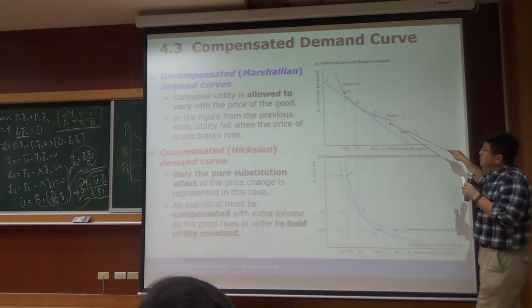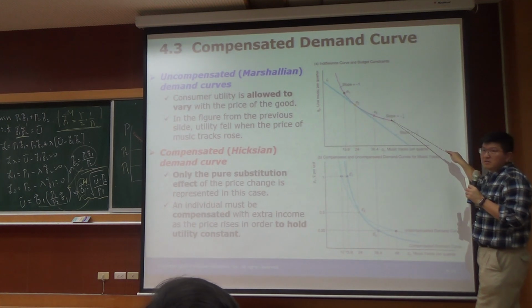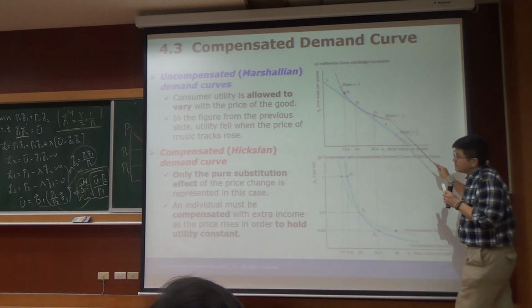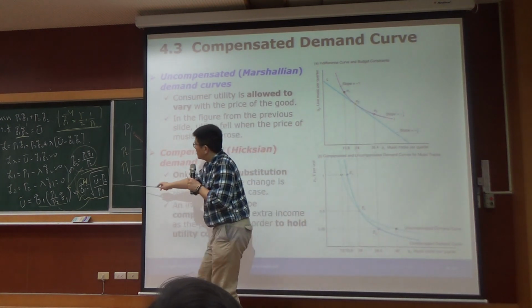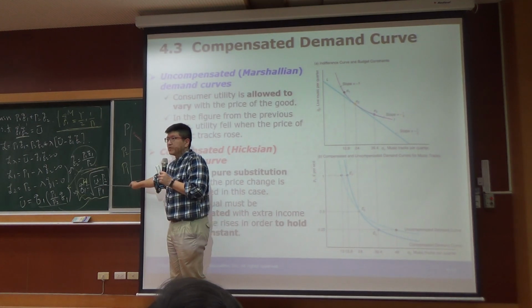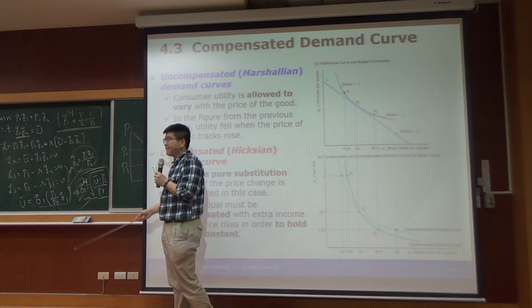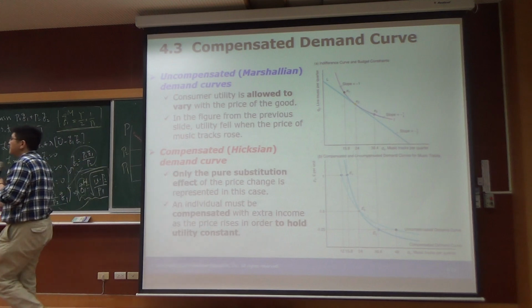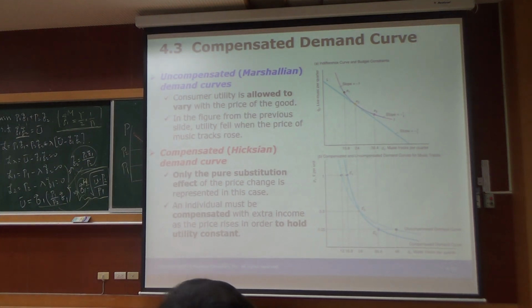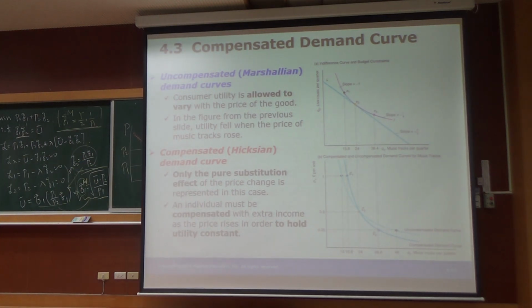We care about the level of happiness, so we care about the level where you are at. That's the difference, okay? So now you learn some techniques to solve the Marshallian demand curve or Hicksian demand curve.